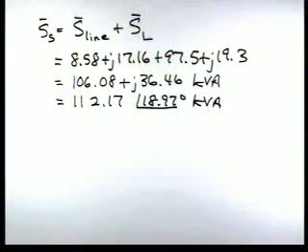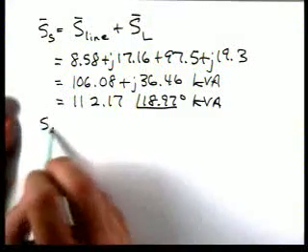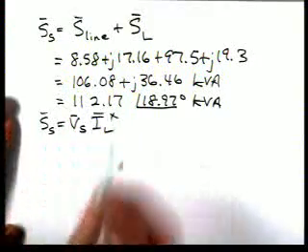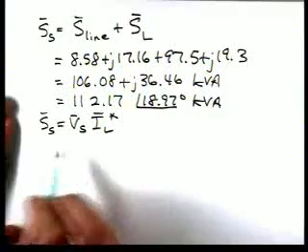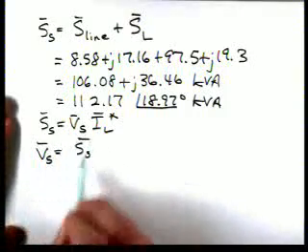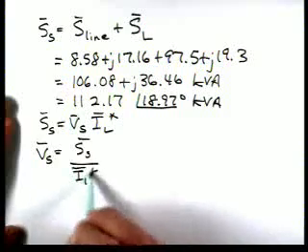Now we can calculate V sub S, because we know that S sub S is V sub S IL conjugate. So then V sub S should be S sub S over IL conjugate.